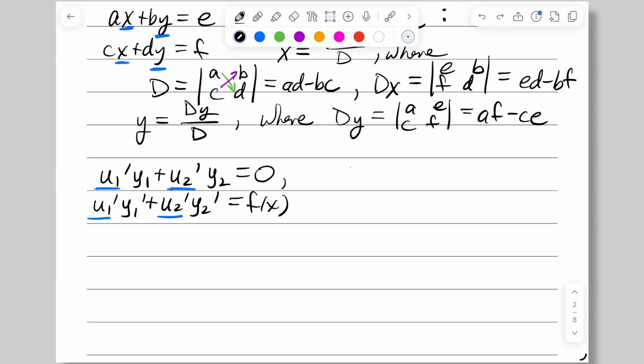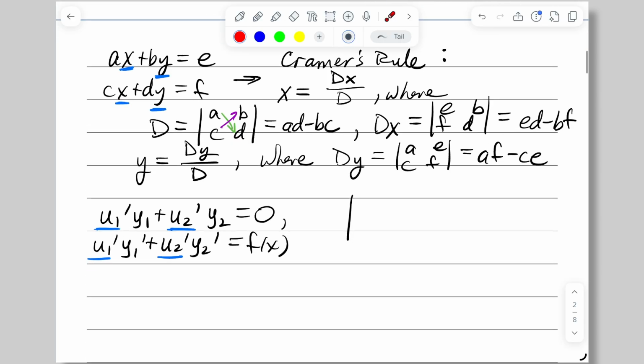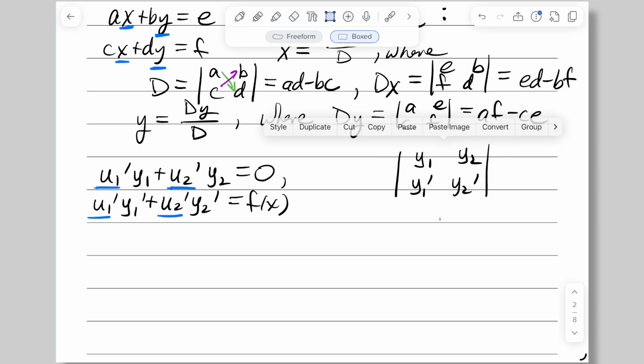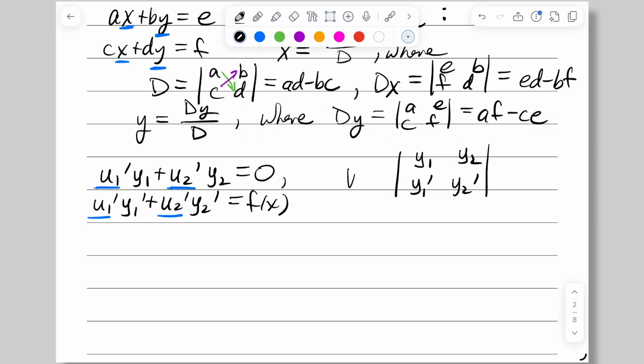We have a determinant that is the equivalent of this denominator determinant d, right? It's the determinant that we get from the coefficients of the unknowns. Here, the determinant that we get for the coefficients of the unknowns is y1, y2, and then y1 prime, y2 prime. You may remember this. It's something that we called before the Wronskian.